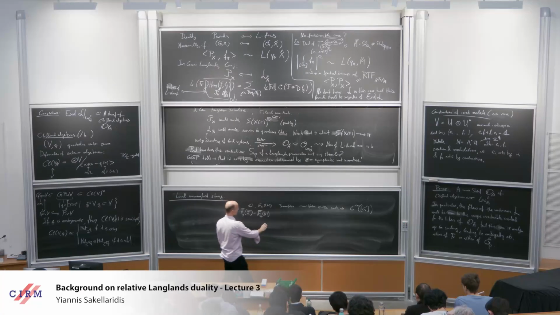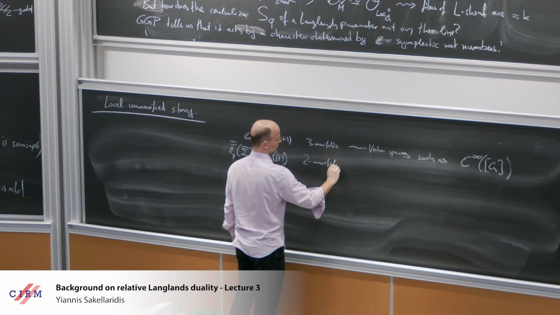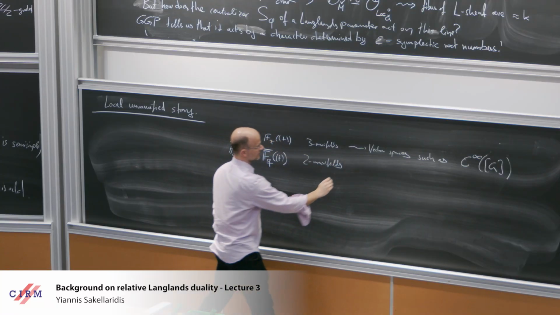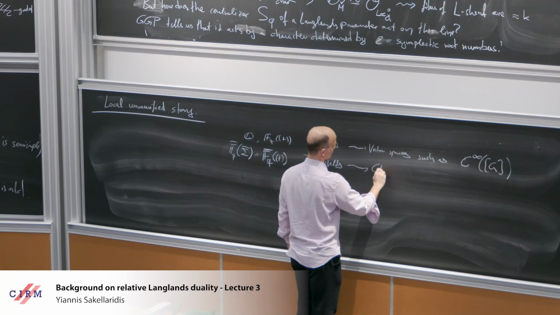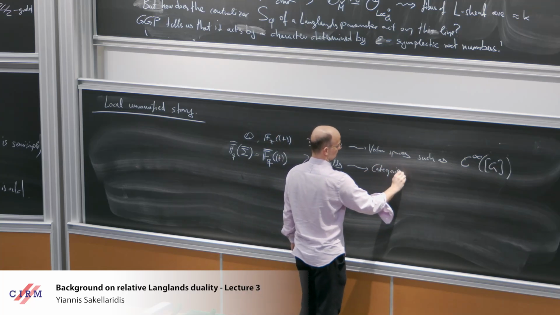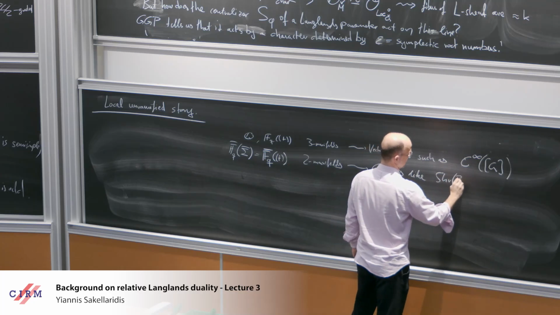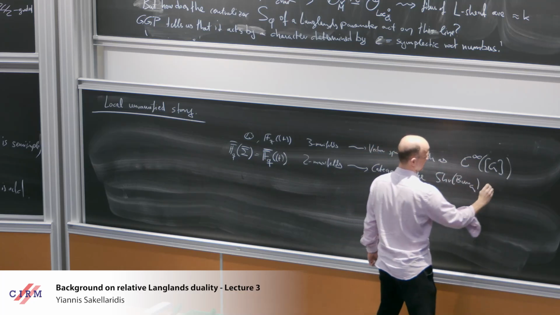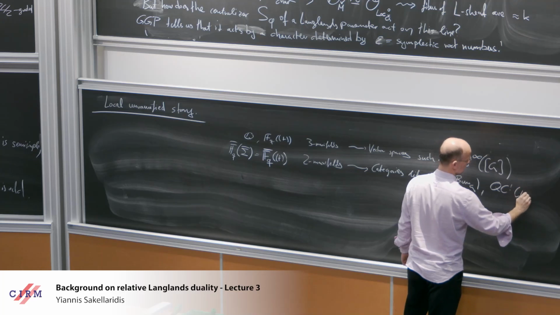So these are two-manifolds. And to this, we attach categories like sheaves on Bun_G or ind-coherent sheaves on local systems.